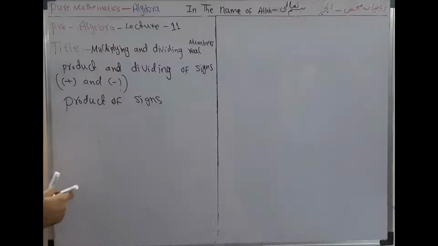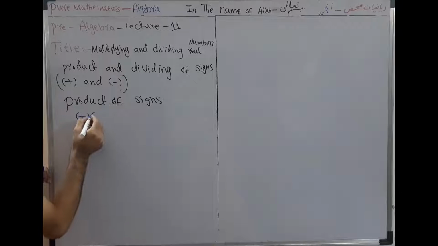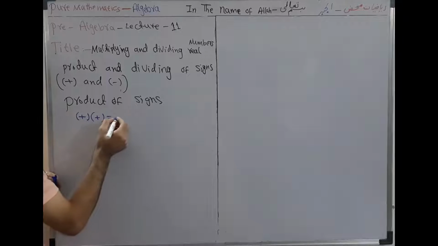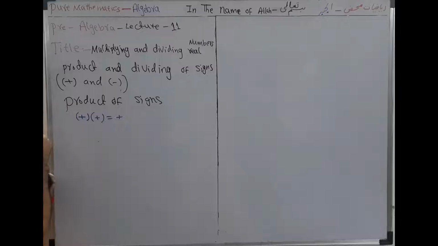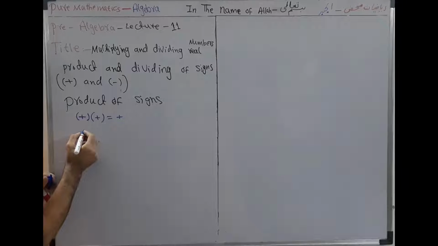If we multiply the same sign, positive with positive, plus with plus, the result will be plus.